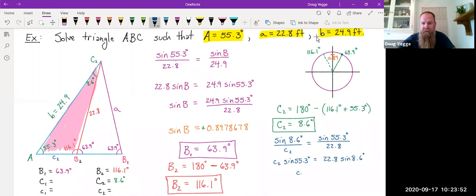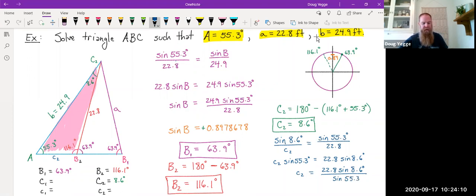And so we can divide in order to get 22.8 sine of 8.6 divided by sine of 55.3.